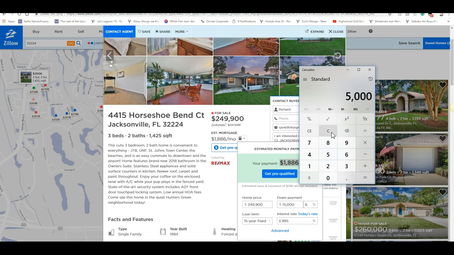Boom. Your take home is $5,000 a month out of your trading. You don't have a job. So your mortgage is $1,886.